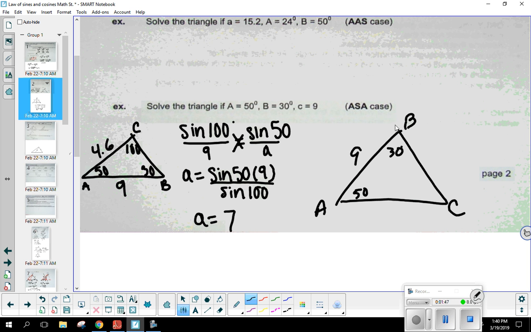Could I start by using the law of cosines? No. Because at the very least, I either need 2 of the side lengths and an angle measure, or I need all 3 side lengths. So in this case, it's probably best to go with the law of sines. So they're not just interchangeable with one another, if that's the question you were asking.